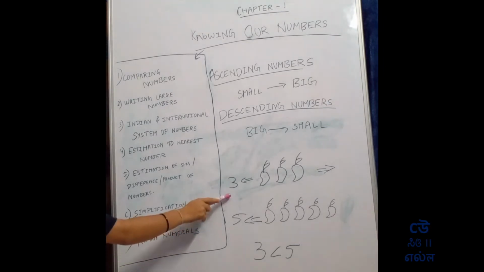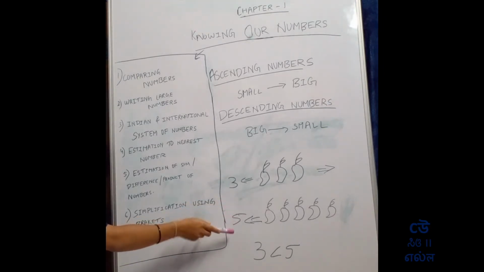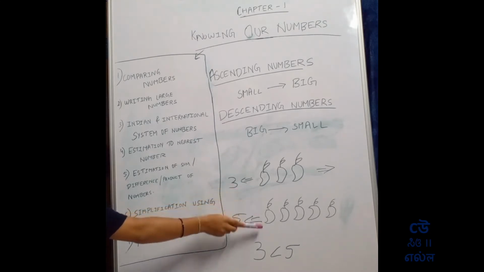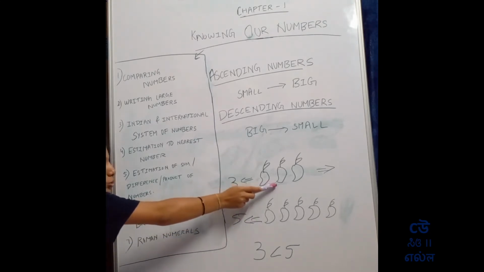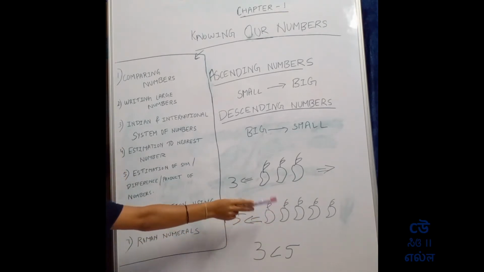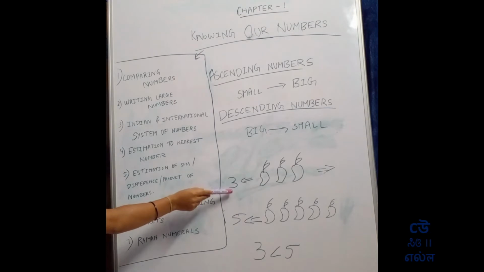Here we have taken an example of a group of mangoes. First is a group of mangoes with 3: 1, 2, 3. And here how many mangoes do we have? 1, 2, 3, 4, 5. So we have two numbers, 3 and 5.